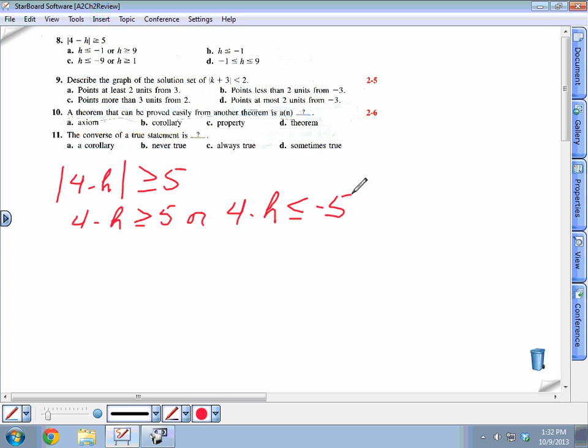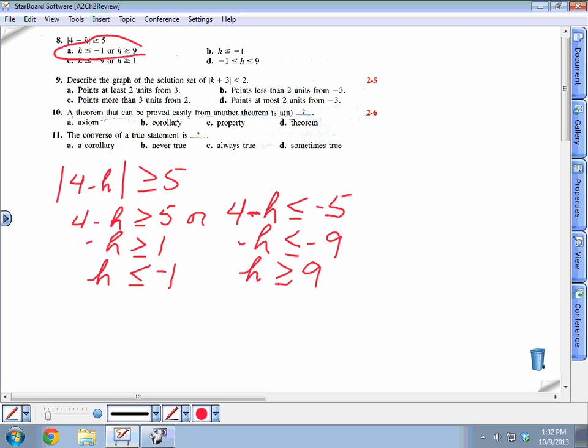Over here, subtract 4 from both sides and multiply by negative 1 to get rid of the negative sign, which means I flip the sign, and I multiply both sides by negative 1. Over here, 4 minus h, subtract 4, I get minus 9. Multiply by negative 1 flips the sign again. So I have h is less than or equal to negative 1, or h is greater than or equal to 9, and that's letter A.